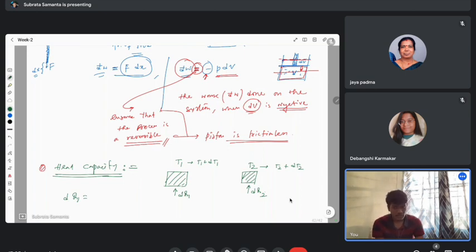So what is dQ1? How do we write dQ1 in terms of dT1? Because due to dQ1 the temperature of the system changes from T1 to T1 plus dT1, so dQ1 is related to dT1. What is this proportionality constant?